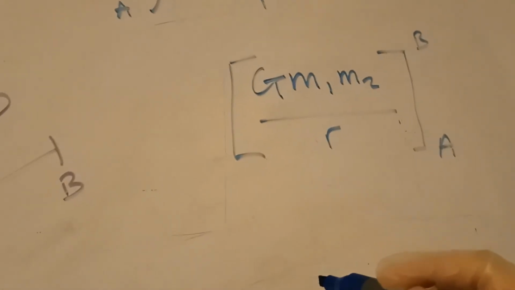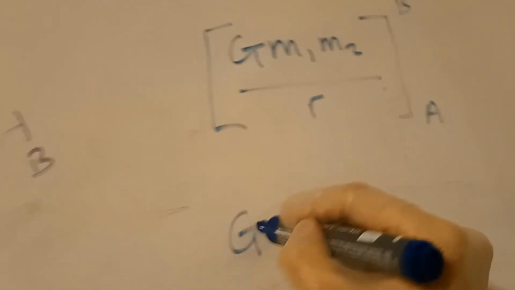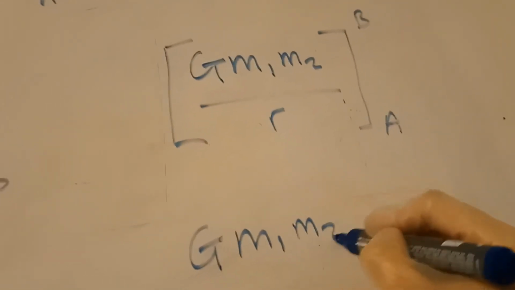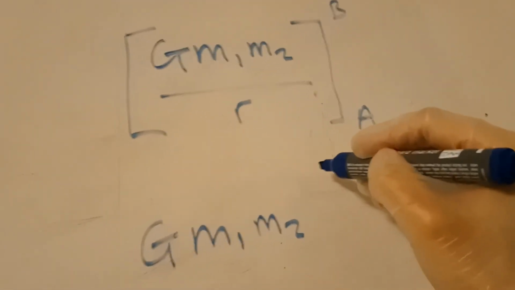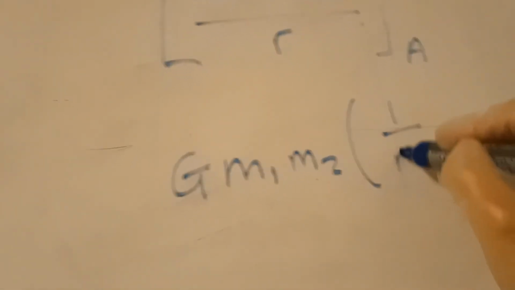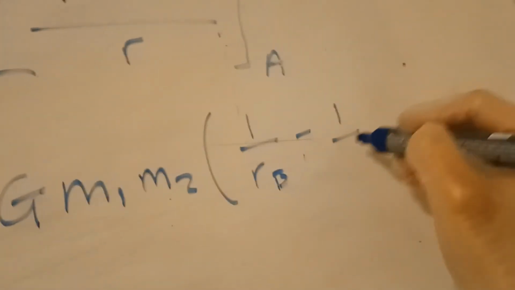And so therefore you would get G m1 m2. Let's take that out because they're all constants. And then 1 over RB minus 1 over RA.